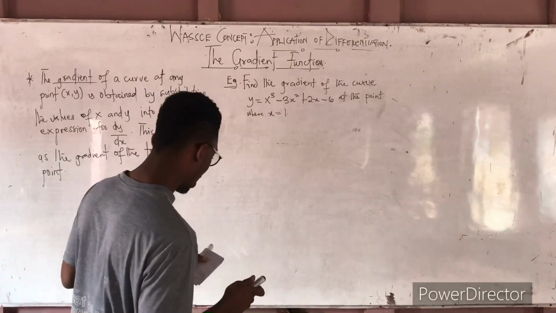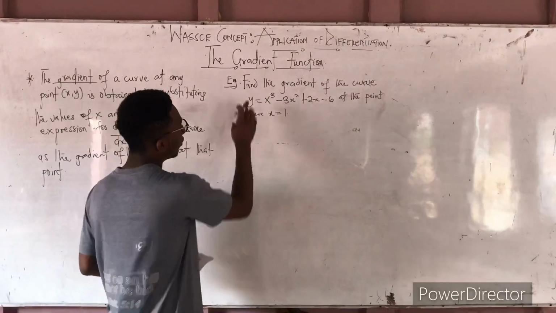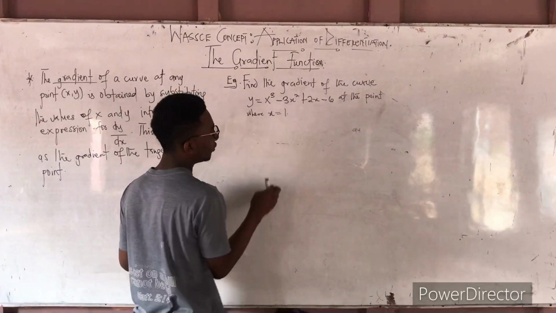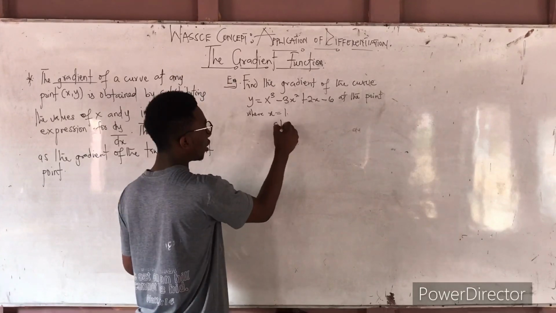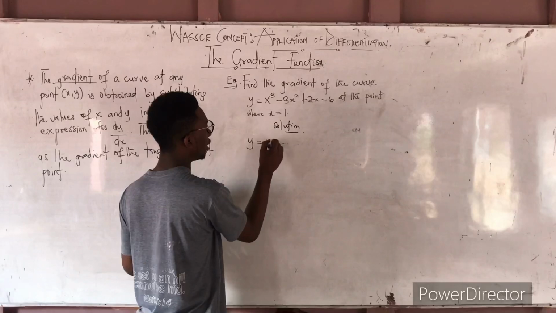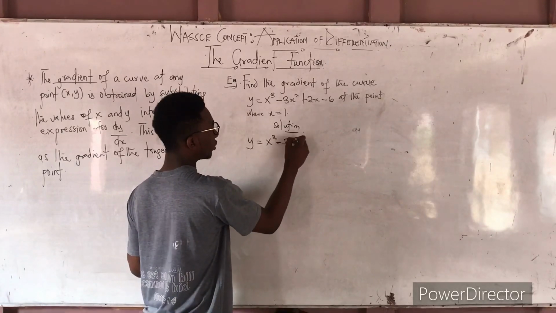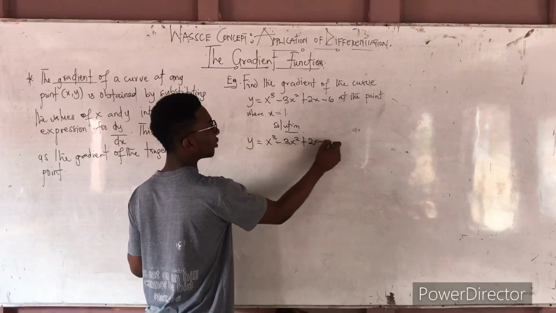At the point where x is equal to 1. So now they've given us that we should find the gradient of this very curve. Are you getting it? So now our solution, our curve is what? y is equal to x cubed minus 3x squared plus 2x minus 6.